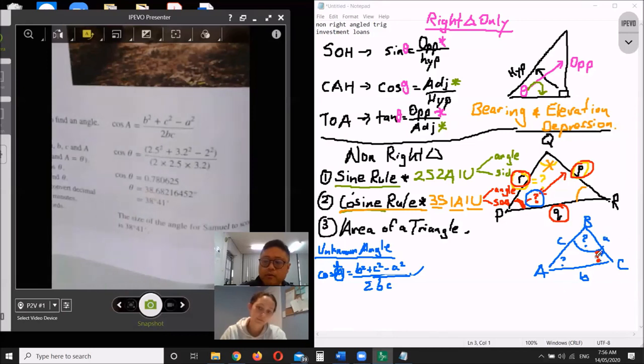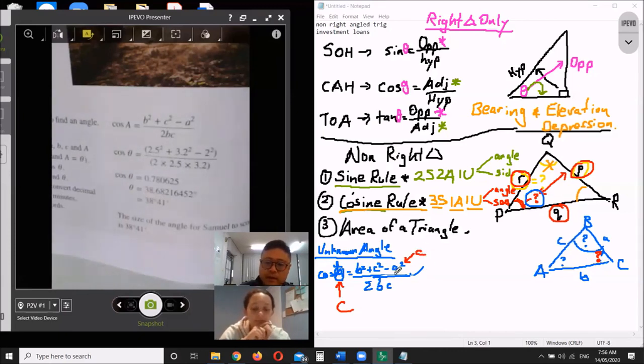What angle would you put in there, even though that's A? C. Yes. And what side would you put in there? Little c.